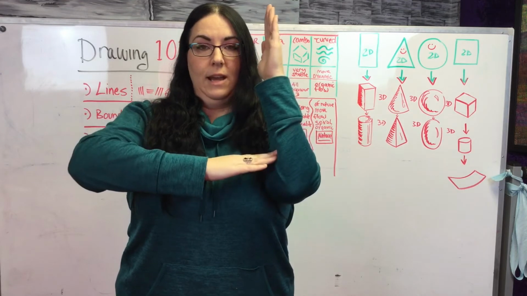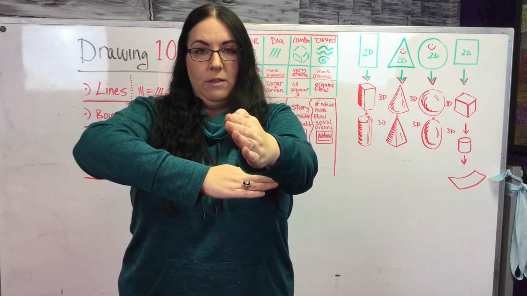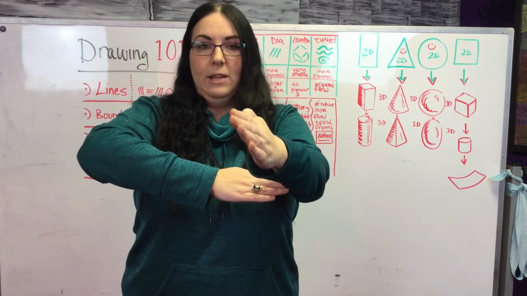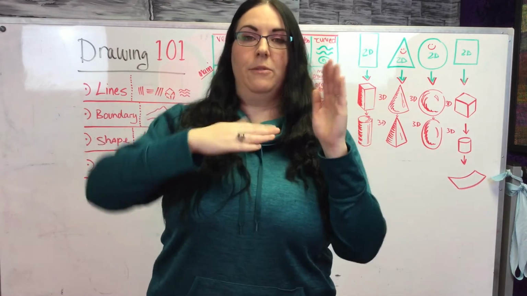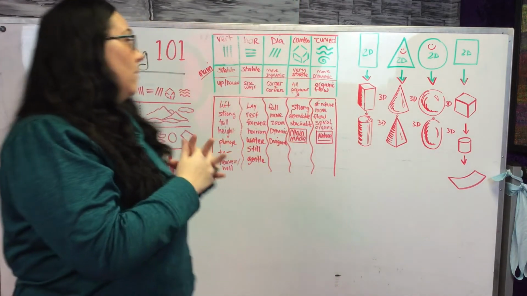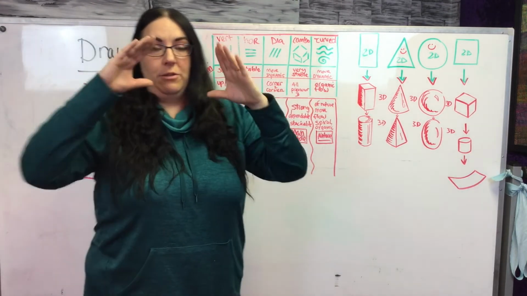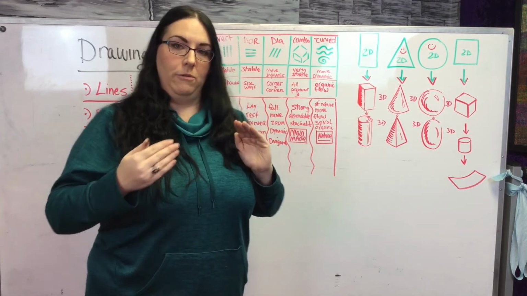So I have this line here, this line there, and then if I come down towards you like this, that becomes perspective. So diagonal lines added to horizontal and vertical lines create depth instead of a feeling of flatness. And those are very stable. Because there's a feeling of three-dimension, it feels like something that can be self-supportive.